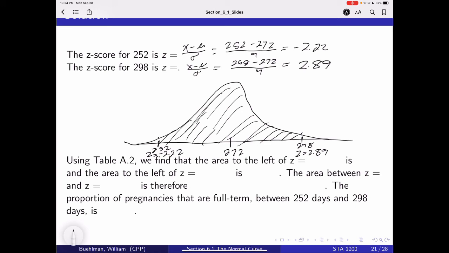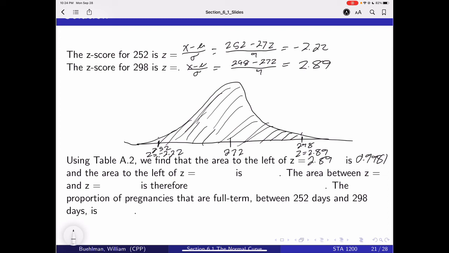So using table A2, we can find that the area to the left of z equaling 2.89 is 0.9981. That gives us everything to the left of 2.89, but that is too much area because we need to take out the area to the left of z equaling negative 2.22.